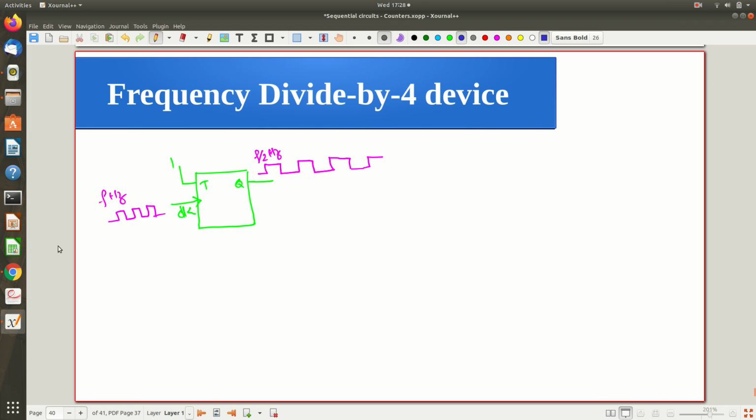And why is it so? Because if the input is of time period t, this output is of time period 2t.